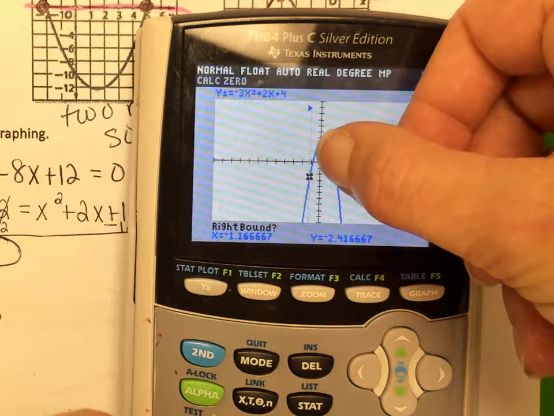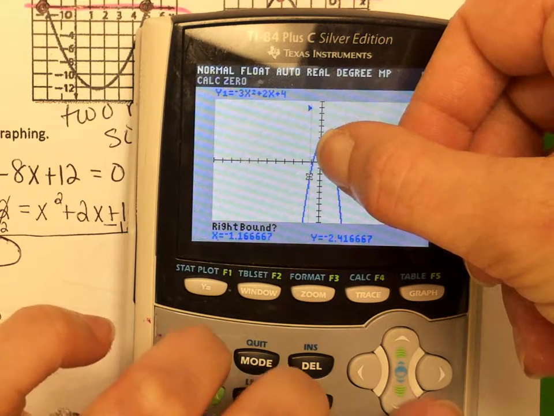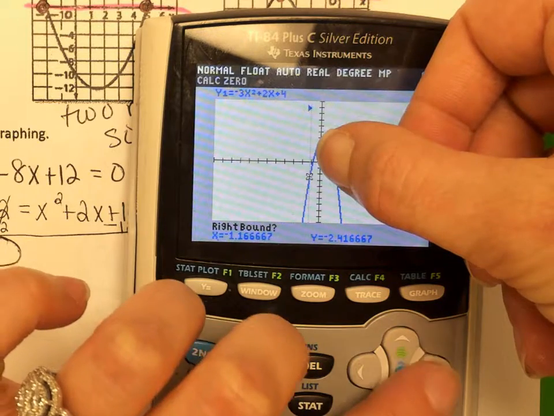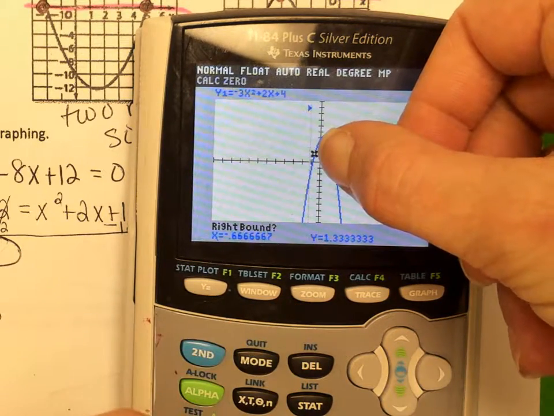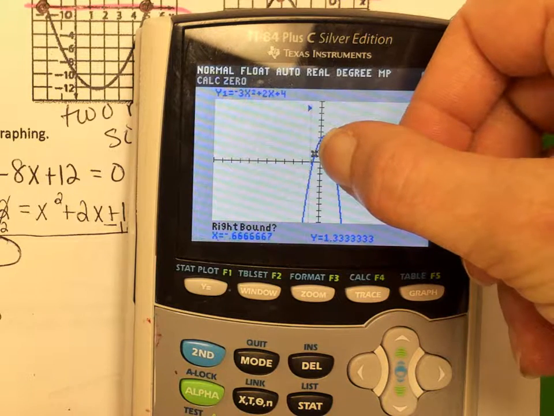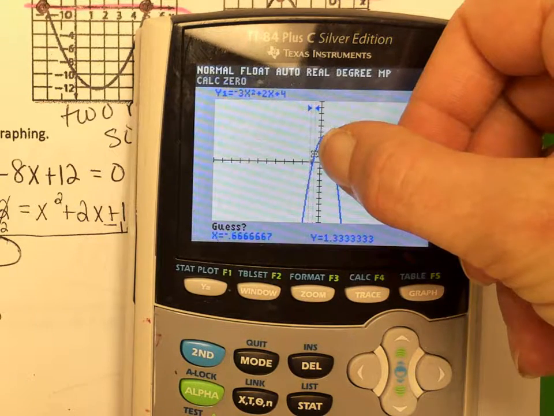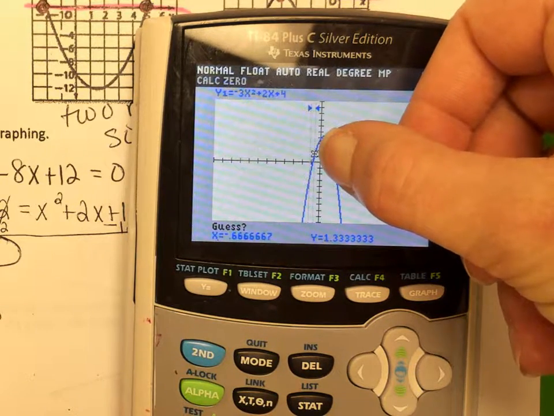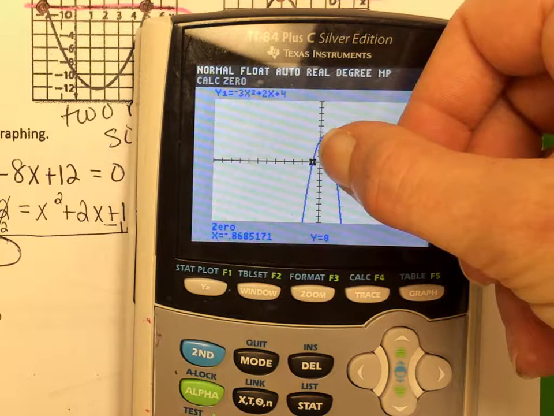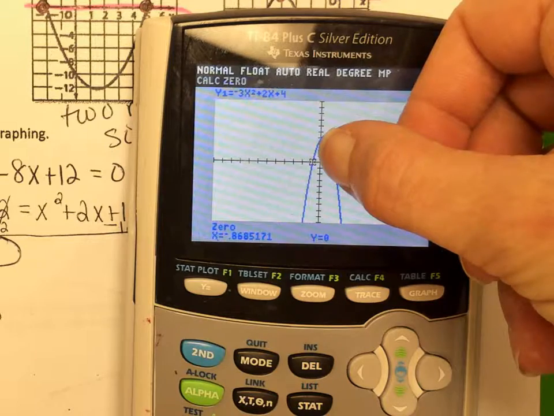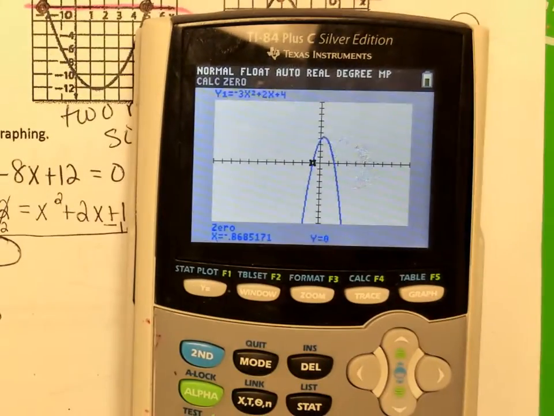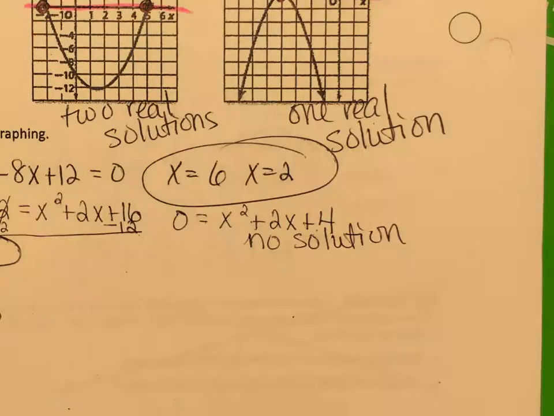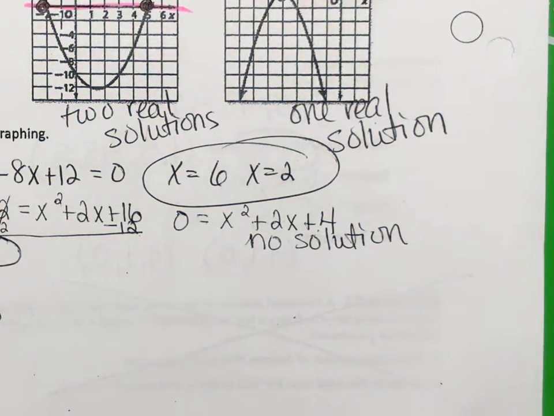Then hit enter, and then you've got to go to the right of that x-intercept, so a little bit above it, and hit enter. It says guess. It's like, hey, do you want me to guess where that x-intercept is? And I'm like, yeah, I do. So hit enter. See how it's a decimal? -0.8. Or let's call it -0.9, right? So x equals -0.9.